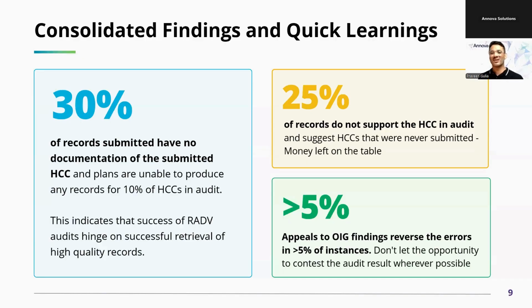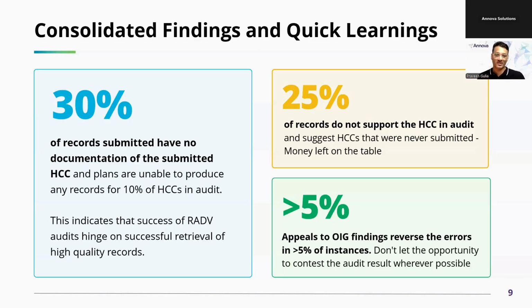Even if you do your own analysis, it's not that you will end up reducing the risk scores. You will find a lot of conditions which were not submitted at all. So that is 25%. And greater than 5% of RADV findings, if you send appeals, your appeals will get accepted.